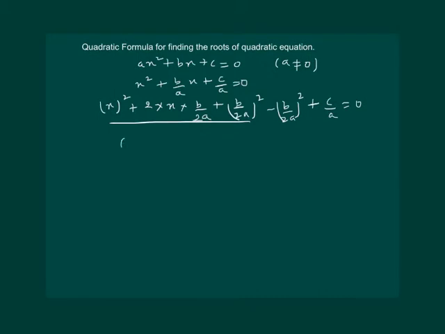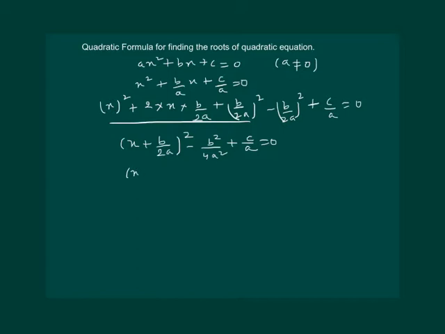First three terms will give us x plus b by 2a whole square minus b square by 4a square plus c by a equal to 0.